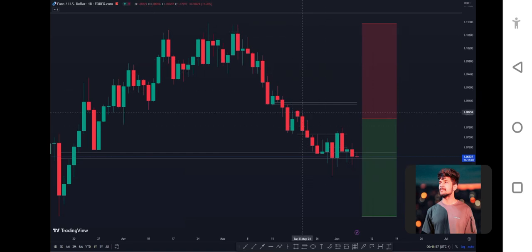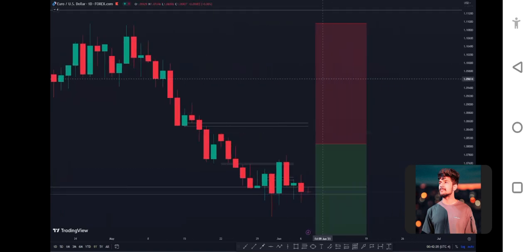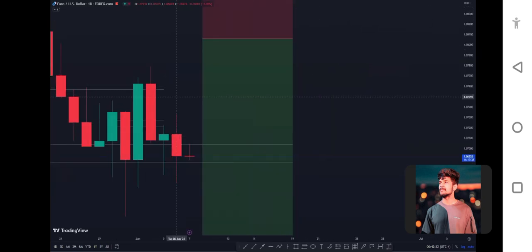Okay. So in the dollar index, I can see bullish price action. Price is respecting the bullish PD arrays, but in the Euro, that's a little bit of doubt for me because the fair value gap is being respected. That's why. Also, this fair value gap, look at this one.